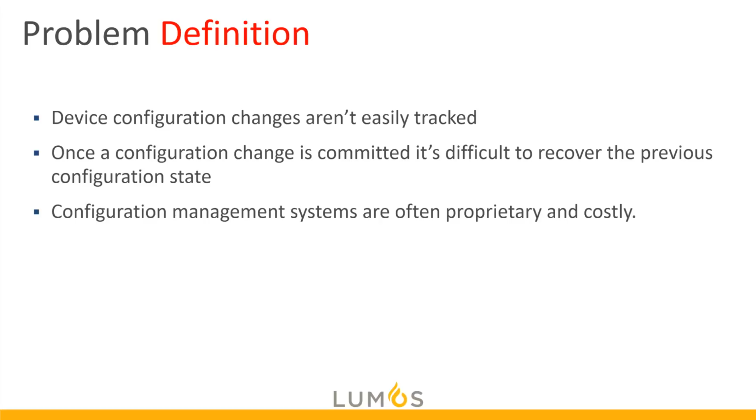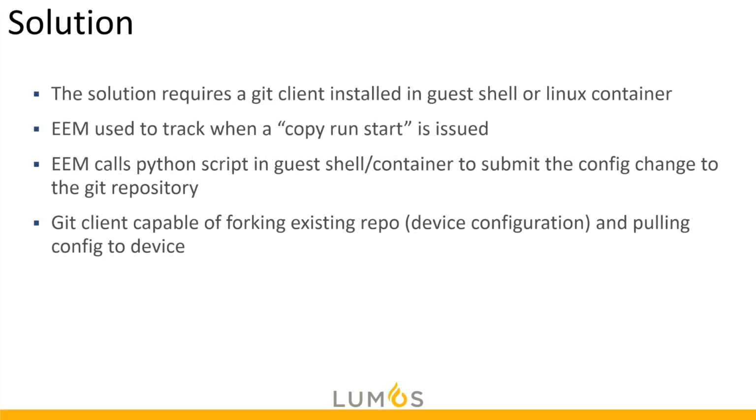So config management systems are often proprietary and costly, but we could use, let's just say, EEM to track when copy run start is issued, and call a Python script that commits that configuration to a Git repository, either one downloaded and installed running in your own environment, or even GitHub in a private repository. You probably wouldn't want it out there in GitHub, the free version, but when you pay a few bucks a month, you can actually have your own private repositories.